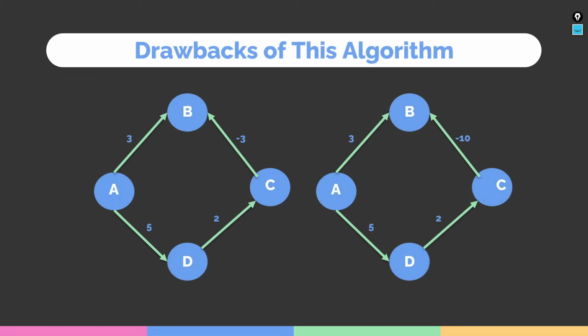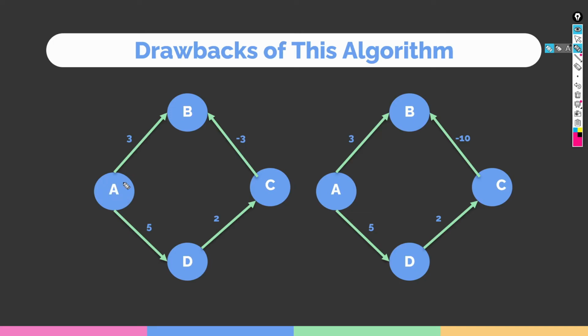Now, what are the drawbacks of this algorithm? Here you can see there are two separate graphs. Both of them have a negative edge. So let's try to find the shortest path of this. A is the source node.